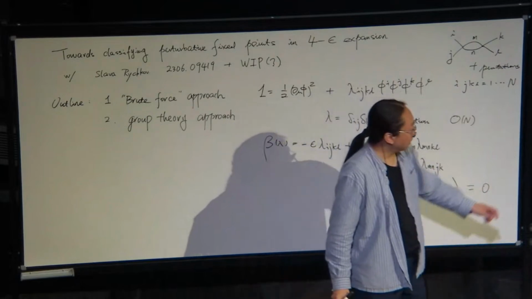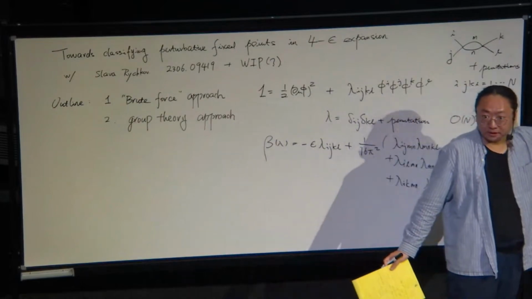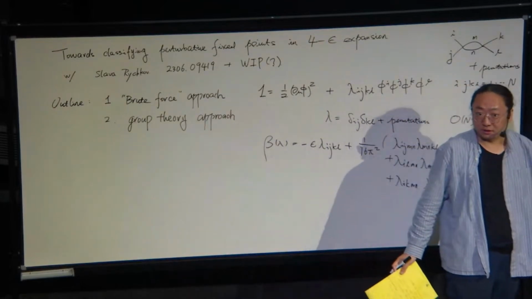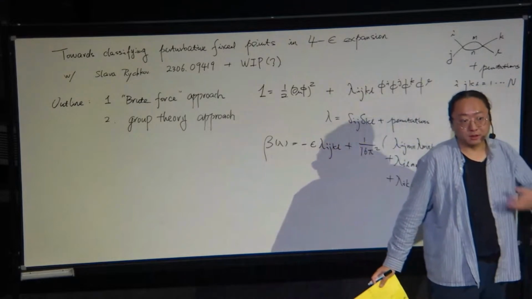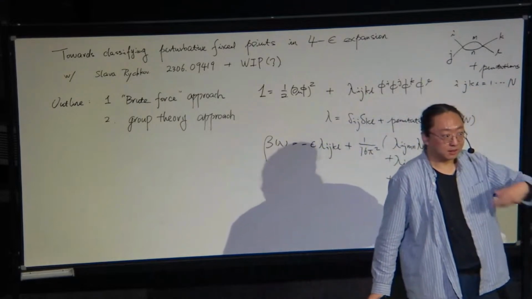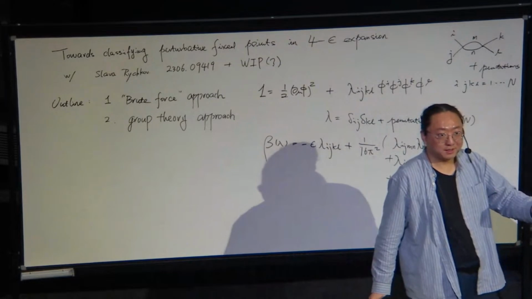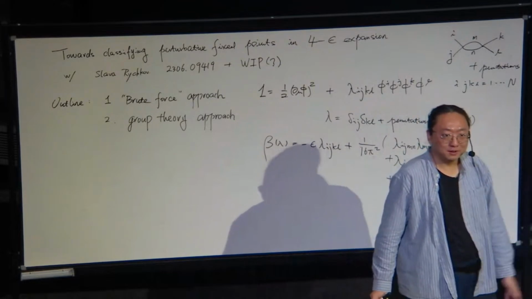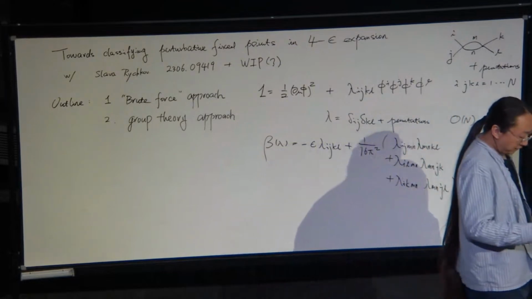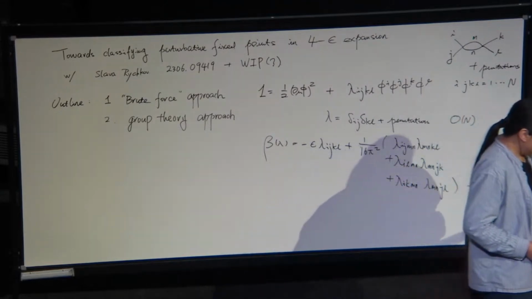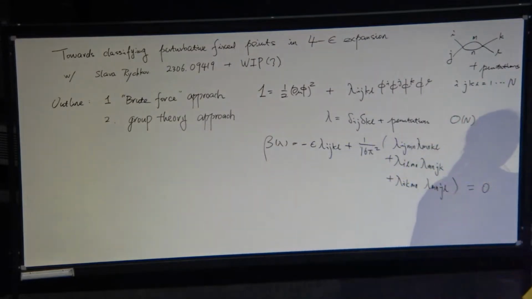So whenever you find a solution, you apply an O(N) rotation, and you are going to generate another new solution. So the solutions would not be discrete. They will form some manifold. So we have to fix this gauge. Just to explain how it's done.